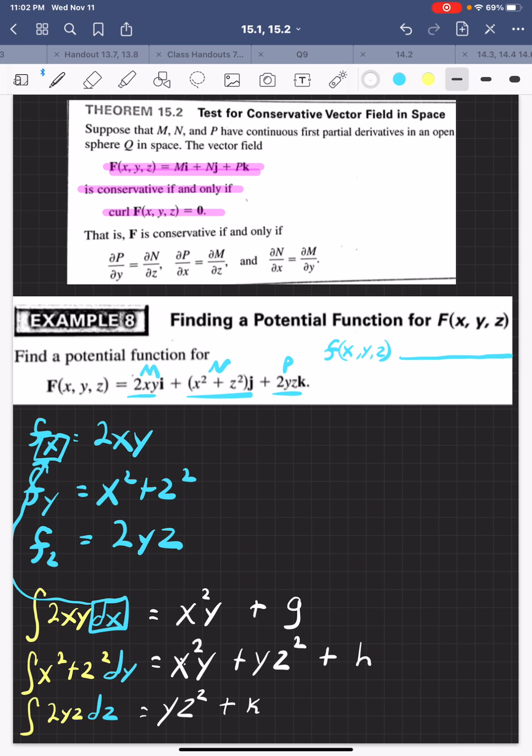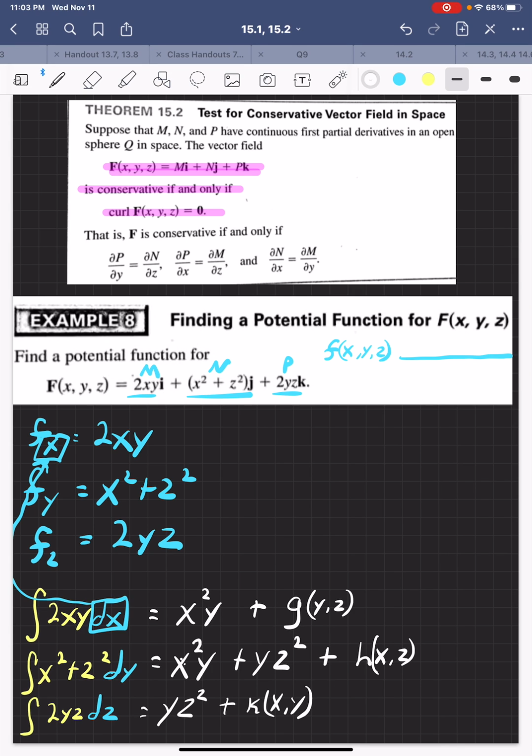I will make sure you understand that each of these constants, these constants that are born from the integration, are themselves functions. Since we are in space, they're not functions of 3 variables, but they are functions of 2 variables. So this g would be a function of y and z, this h would be a function of x and z, and this k would be a function of x and y.